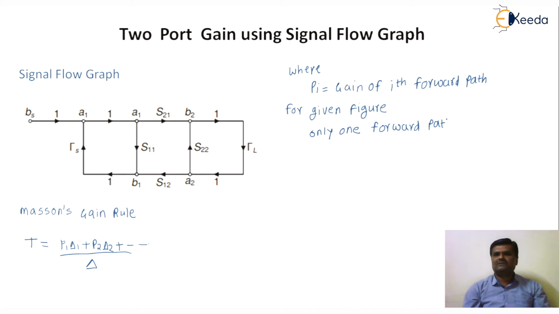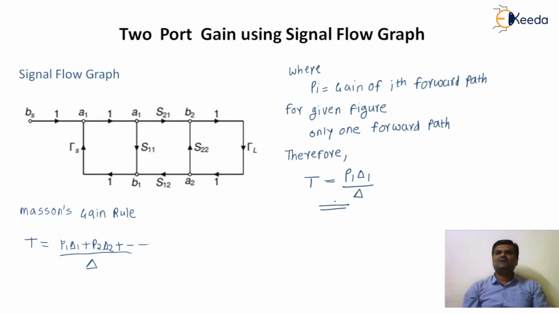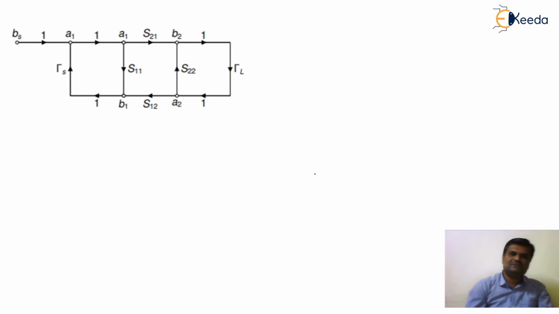Therefore, the above equation is modified for the two-port network as P equal to P1 delta 1 by delta. So now our aim is to calculate P1, delta 1 and delta. We'll see one by one.